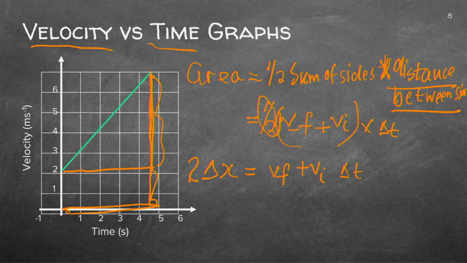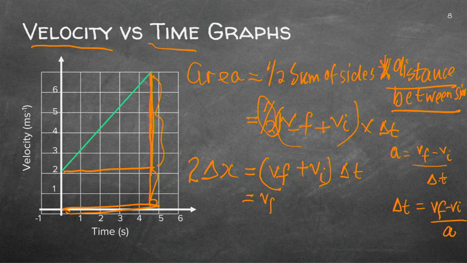Right, what I have here is Vf plus Vi times delta t. And I'm again going to substitute t. Remember what we did in this equation? We actually found a value for delta t, and I'm going to substitute delta t with Vf minus Vi over a. So this is going to be Vf plus Vi, and here I'm going to have Vf minus Vi over a.